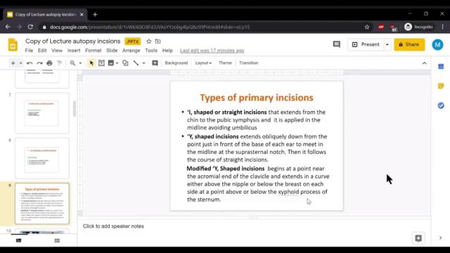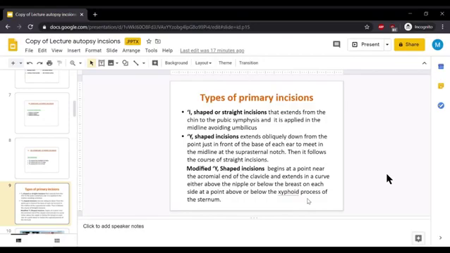The third primary incision which we use to conduct the autopsy is the modified Y incision. We use it in case of females for cosmetic reasons. It begins at a point near the acromial end of the clavicle and extends in a curve either above the nipple or below the nipple on each side, to a point above or below the xiphoid process of the sternum.